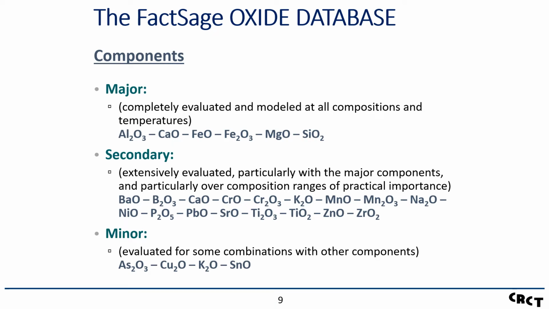Secondary, we have extensively evaluated, particularly together with the major components, these components. And we have data also for several compositions and combinations with other components for these minor constituents. This has involved the simultaneous optimization and evaluation of hundreds of primary articles from the primary literature.